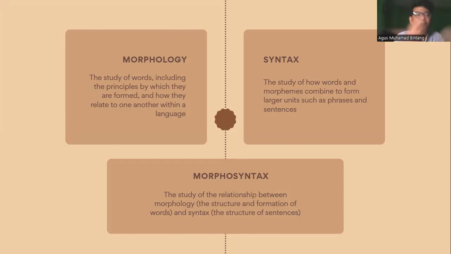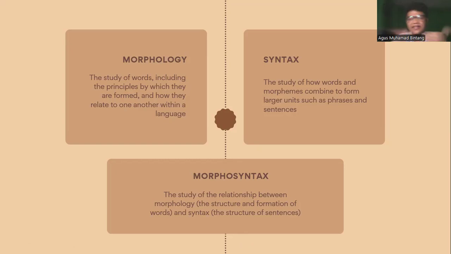And syntax is the study of how words and morphemes combine to form larger units called sentences. So syntax is the study of how some words combine together to be a sentence. And morphosyntax is the mix between morphology and syntax.